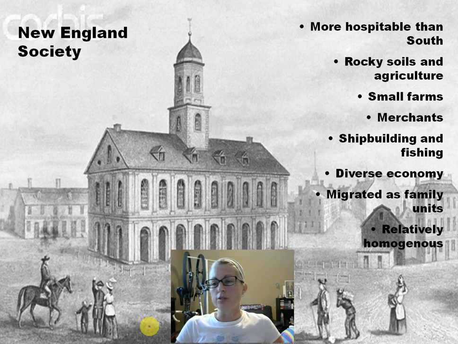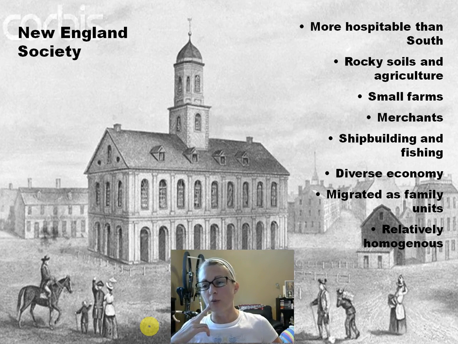There's a big merchant group in New England, Boston, Philadelphia in particular. In these regions along the coast, fishing is going to be huge. Shipbuilding is going to be massive, one of the biggest industries in New England, especially along the coastal area. The more inland you get, it's more about agriculture.